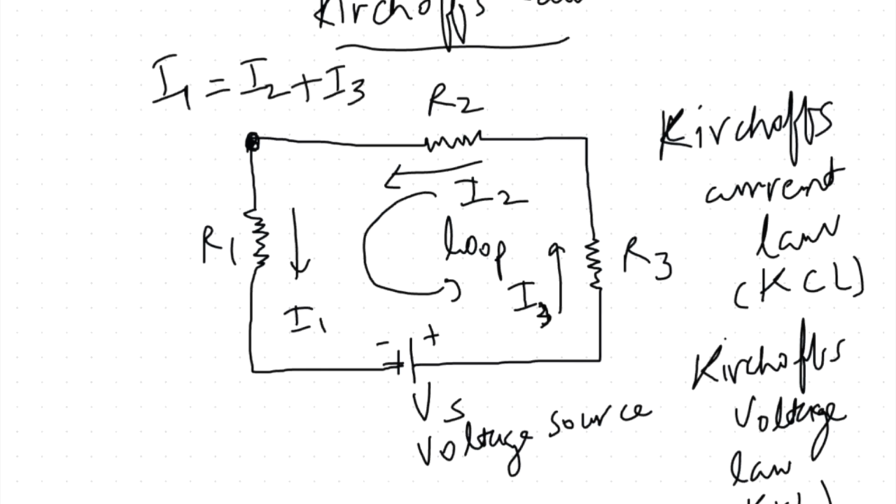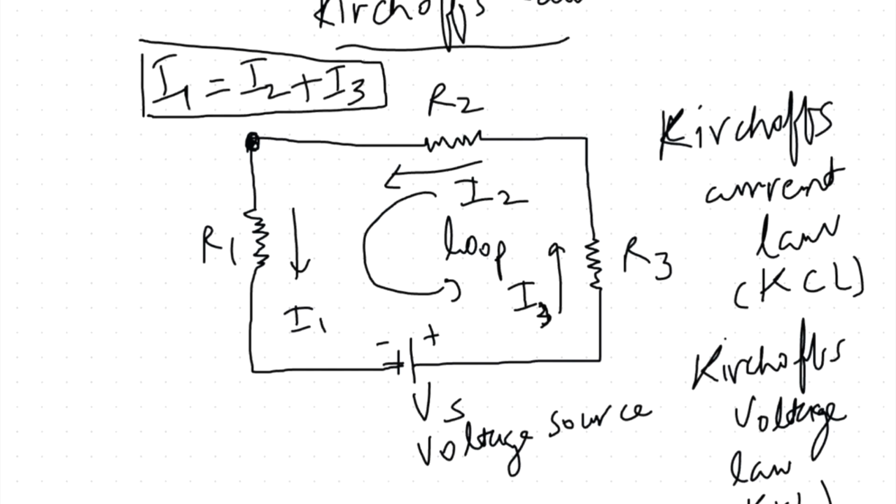Why is this? Because the current leaving a junction, I1, should always be equal to the sum of the currents that are entering the junction. So here, I2 plus I3 is the current that is entering the junction, and I1 is the current that is leaving. Hence, we have this equation for KCL.